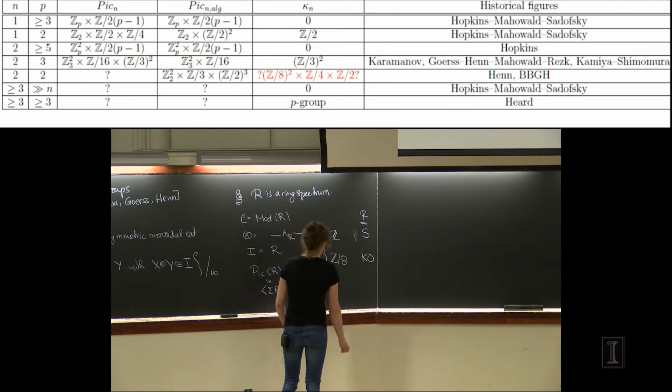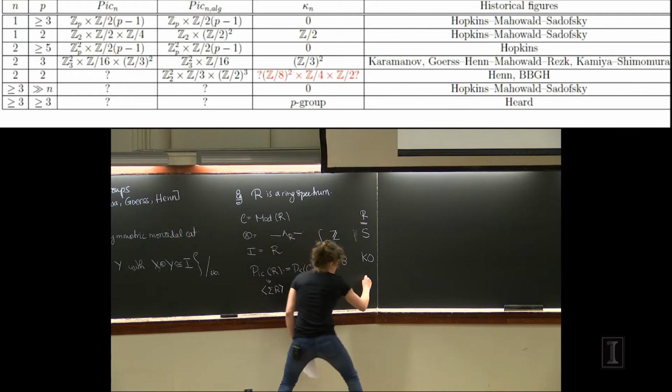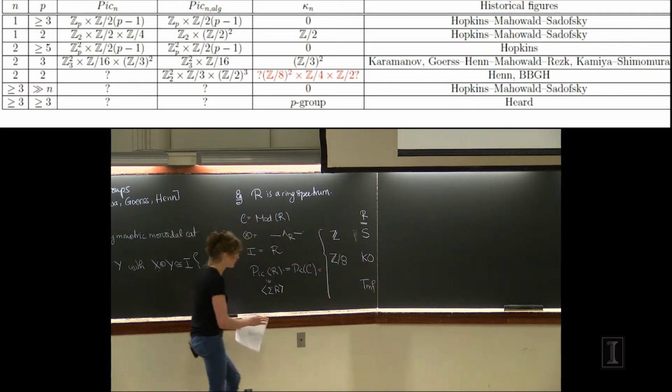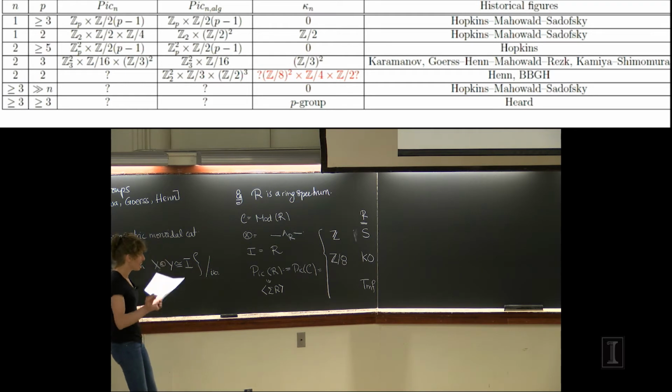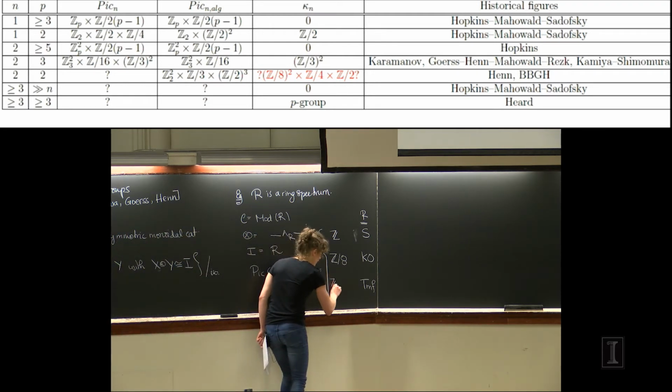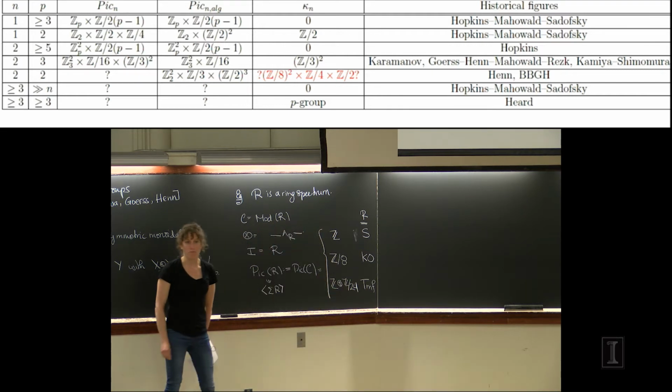But they're not always cyclic. If you take the spectrum TMF, where the order of capital letters and small letters is important here, this is going to be a Z plus a Z mod 24. So there's a cyclic part, but then there's something else.